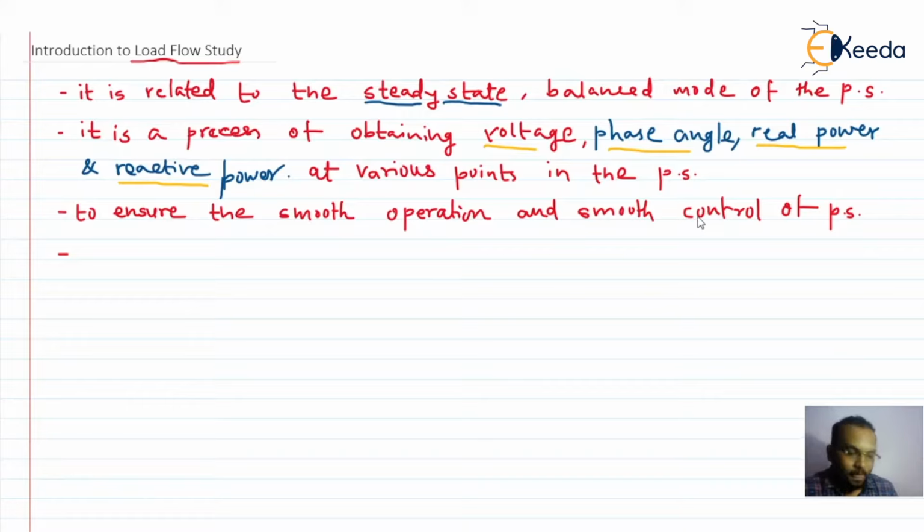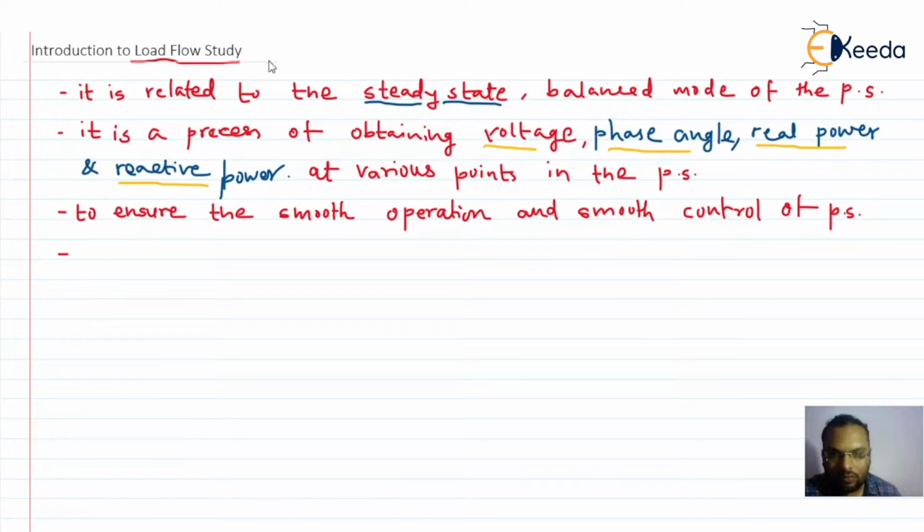But practically, the parameters or the load on the power system are continuously changing. Load is not going to be constant on the power system. So the power system is continuously changing its state. So this load flow study is not carried out for a longer time, but for a quasi state, for a very small duration of time.